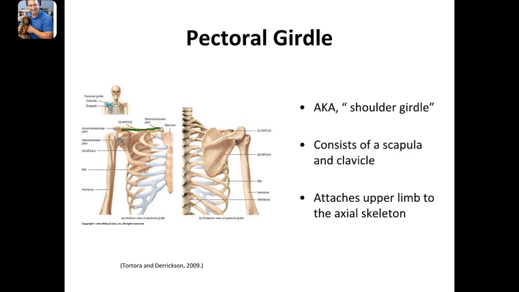There's a joint called the acromioclavicular joint, or the AC joint, that is going to be right here, the joint between the scapula and clavicle. Of course, the clavicle in turn moves medially and attaches to the manubrium of the sternum, where we've got clavicular notches on the lateral aspect of the sternum.